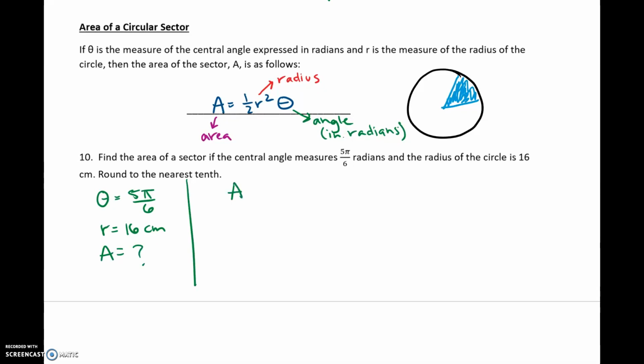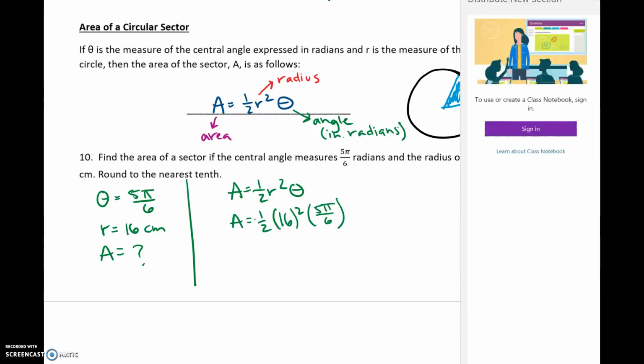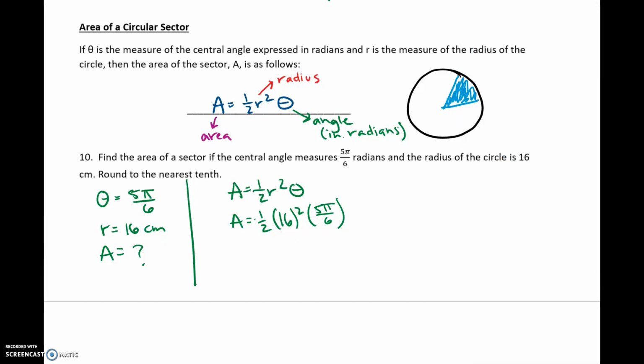So based on this information, I'm going to plug into A equals 1/2 R squared theta. So I'm going to say, okay, 1/2, I can replace R with the 16. Theta is going to be 5 pi over 6. Now again, it's telling me to round to the nearest tenth.